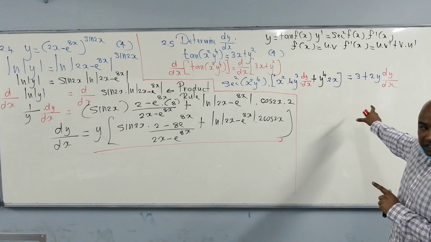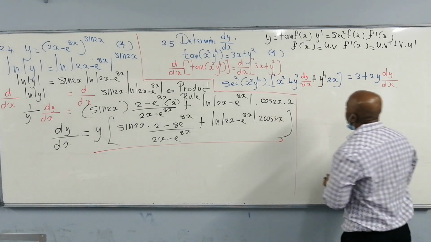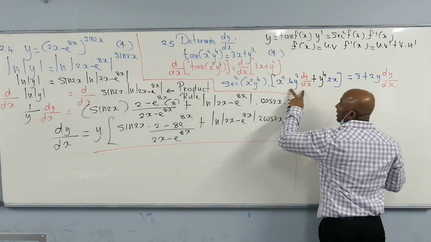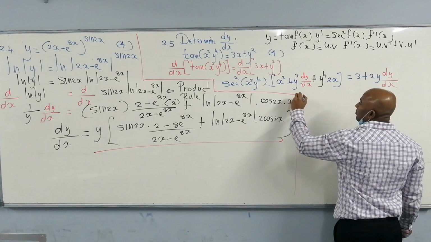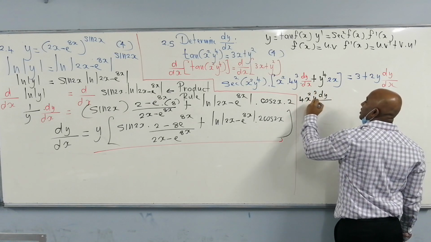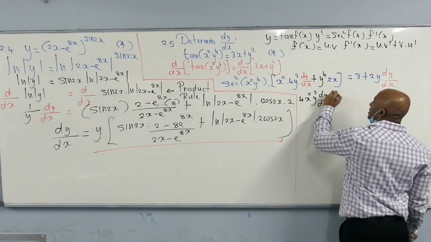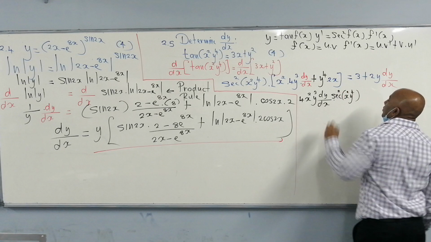That means I'm going to take all the dy over dx's onto one side. So now I'm going to go that times term 1, so that's going to be 4x squared y cubed dy over dx times sec squared of x squared y to the power 4.